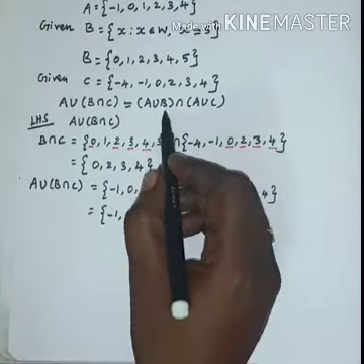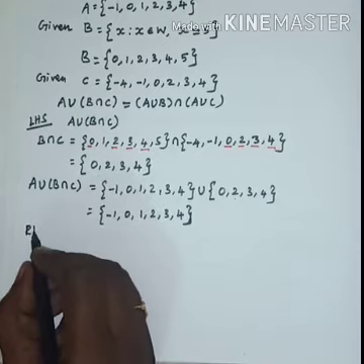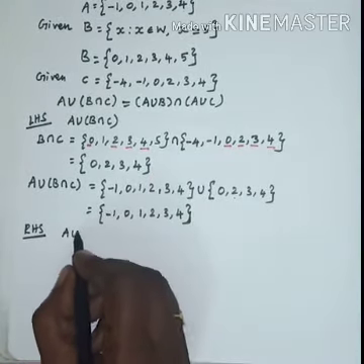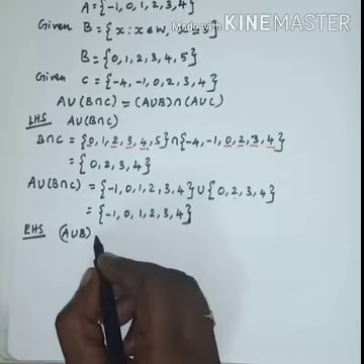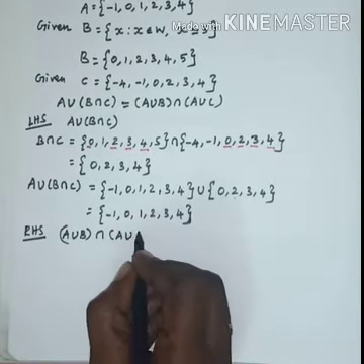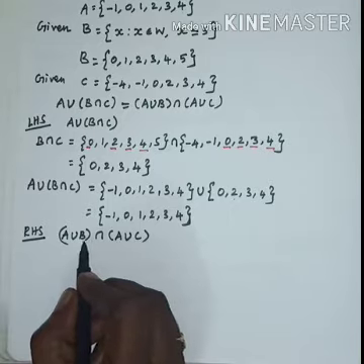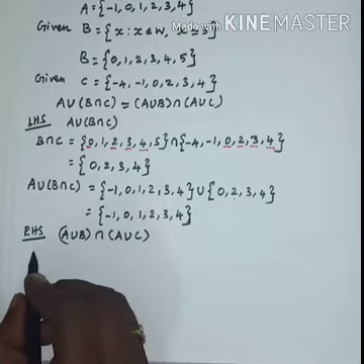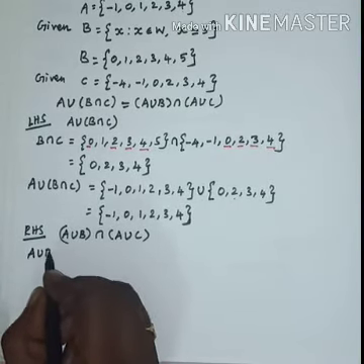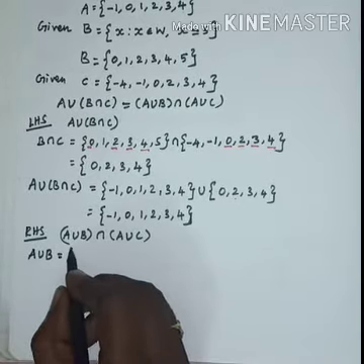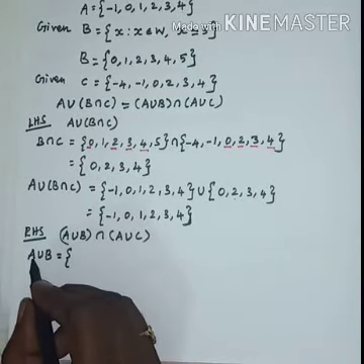Now we have to find the elements of the right hand side. What do we have in the right hand side? A union B intersection A union C. Okay, first we have to find the elements in the set within the bracket. So within the bracket we have A union B here. So A union B. What are the elements of A?